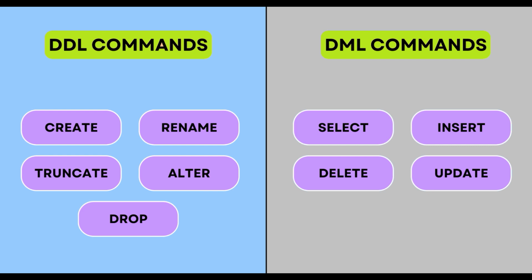Data manipulation language deals with data manipulation and includes most common SQL statements such as select, insert, update, delete, and it is used to store, modify, retrieve, delete and update data in a database. Let's see some of the DDL and DML commands.